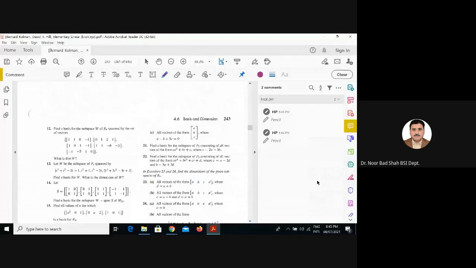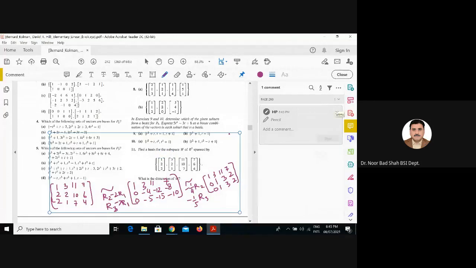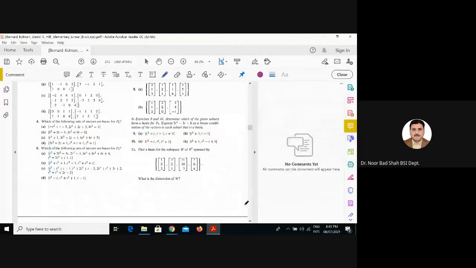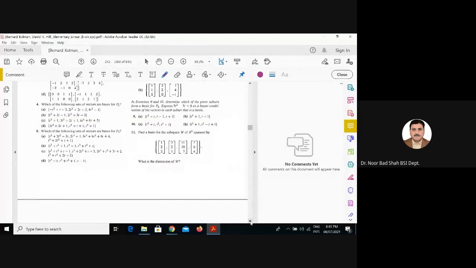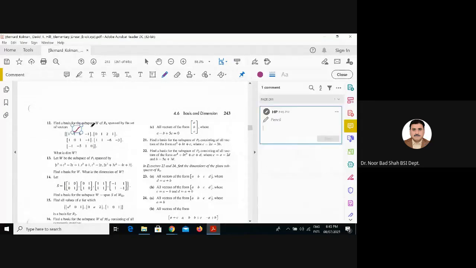Let me get rid of these things. Okay, so question number 12 is the same. Find a basis for a subspace W of R4 spanned by the set of vectors. Take these vectors as columns, convert into echelon form, and consider those vectors with the first non-zero entry of each row.